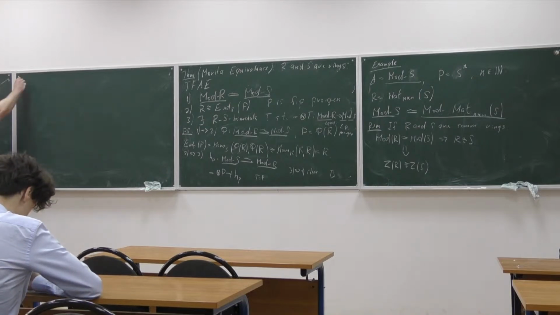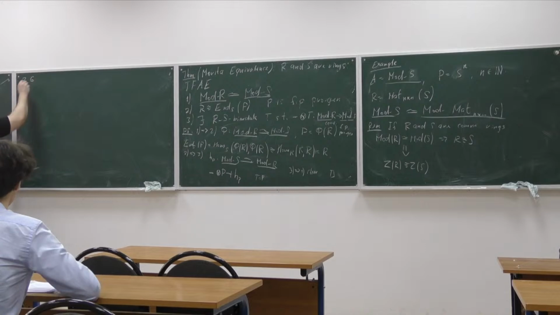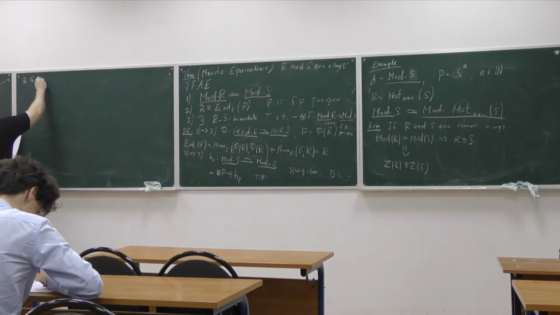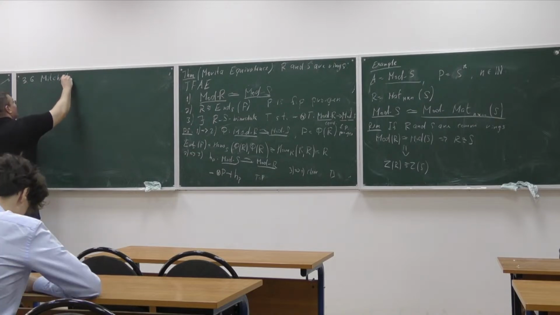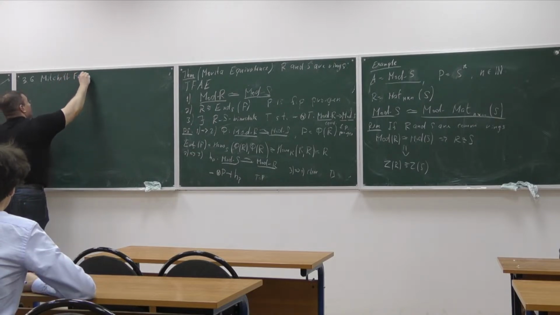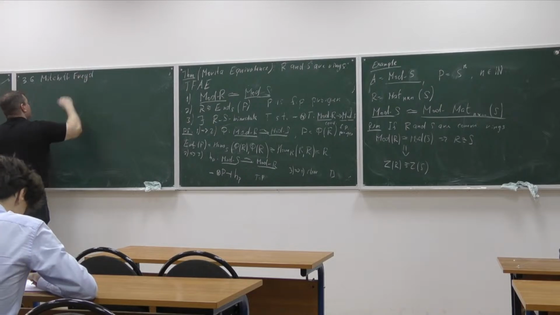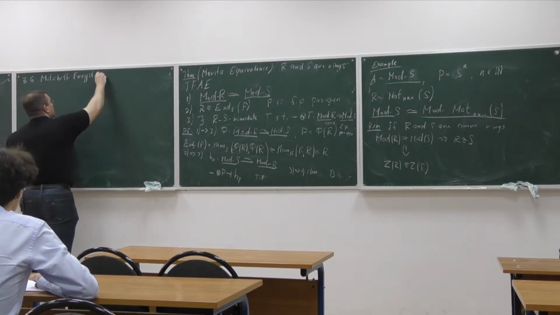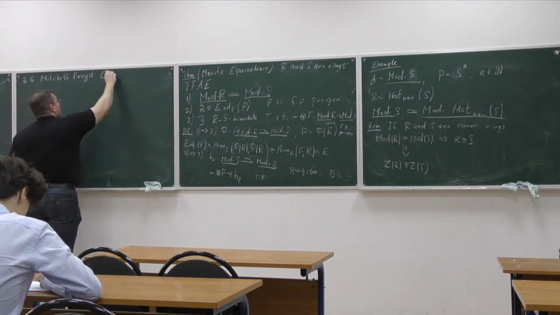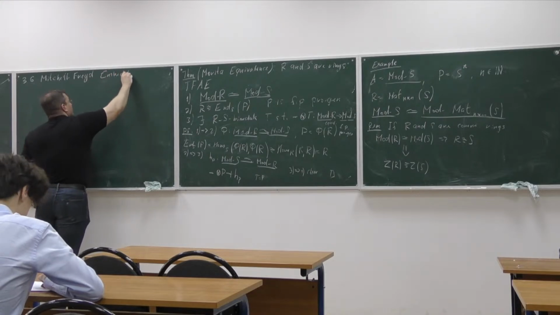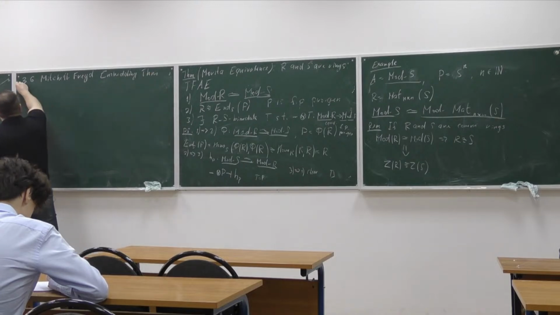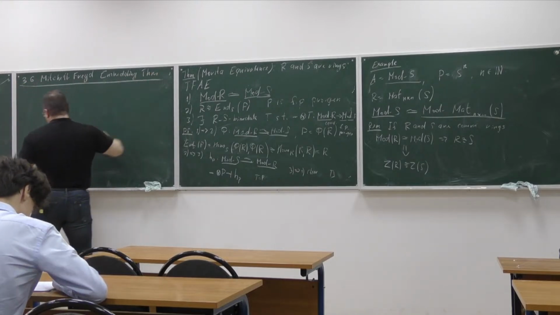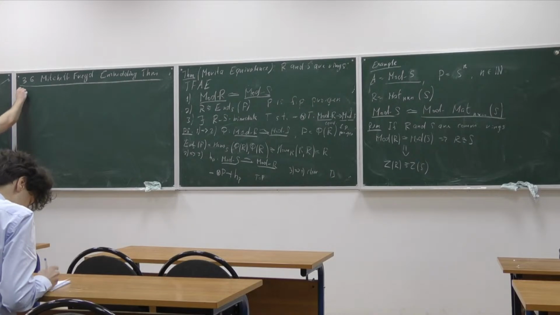Okay, so the last section in this chapter is the Mitchell-Freyd embedding theorem. Now I want to start with the weak version.